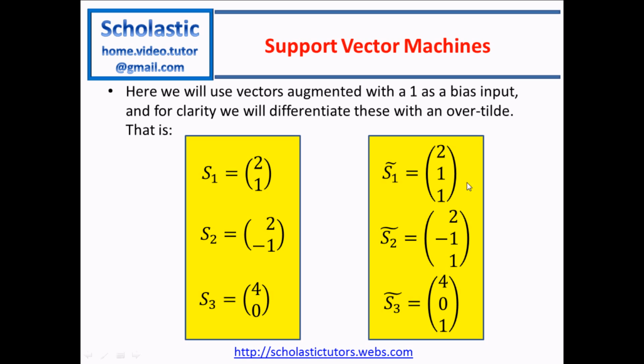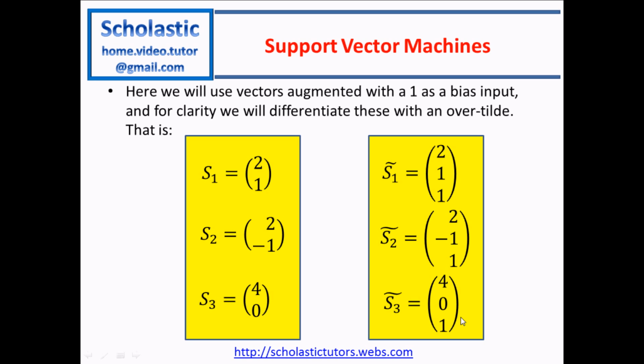The bias input is always 1. 2, -1 becomes 2, -1, 1, and 4, 0 becomes 4, 0, 1. S1 becomes S1 tilde, S2 becomes S2 tilde, S3 becomes S3 tilde. The only difference is the extra 1 as the bias input.